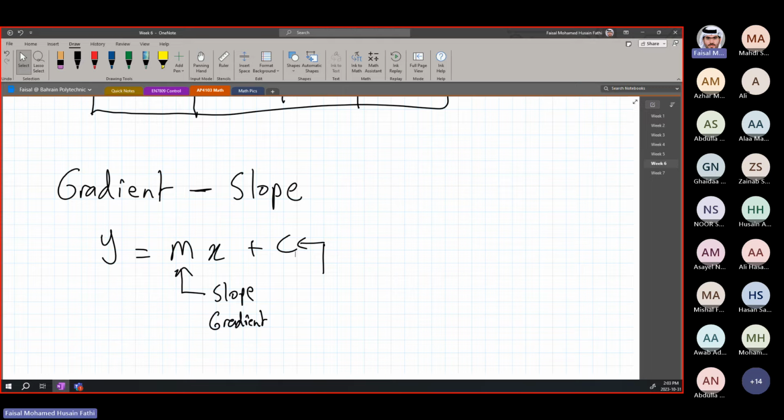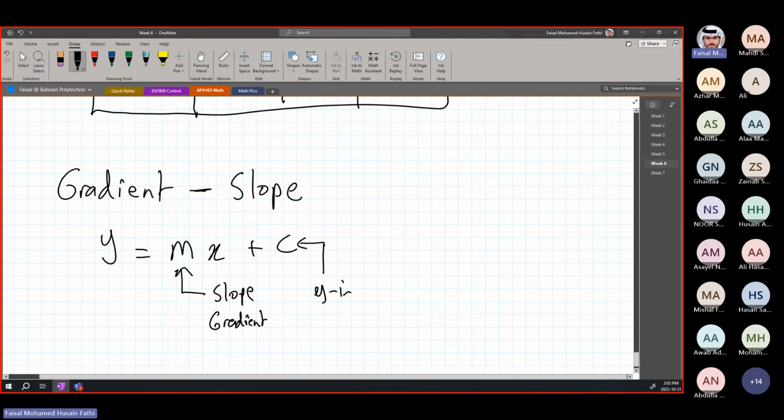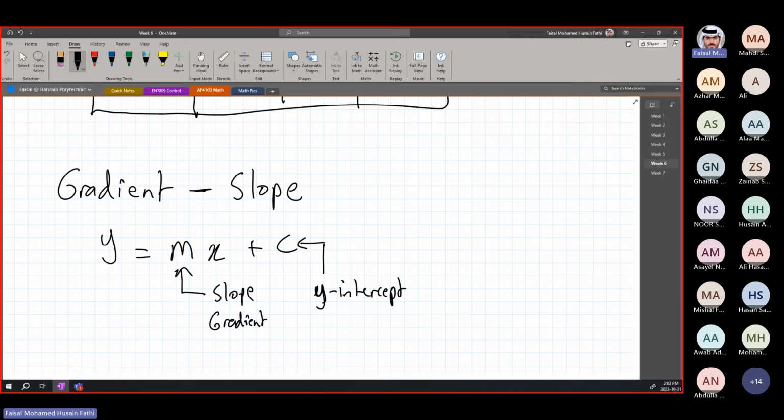Who remembers what c was? The y-intercept, exactly. Now you have memorized what y-intercept means: when x equals 0 you get the y. Very easy, very straightforward.